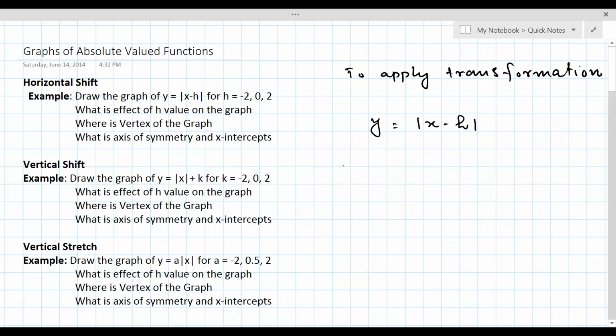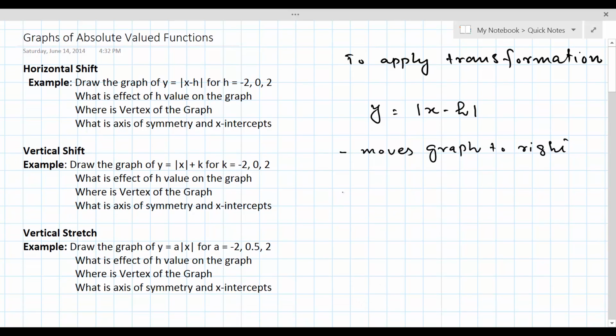So negative moves the graph to the right. Positive moves the graph to the left.